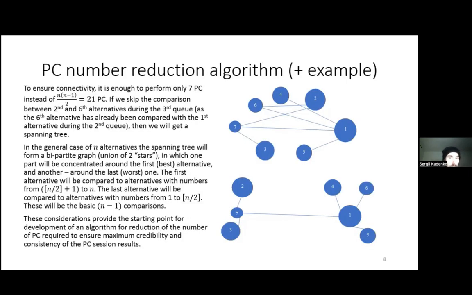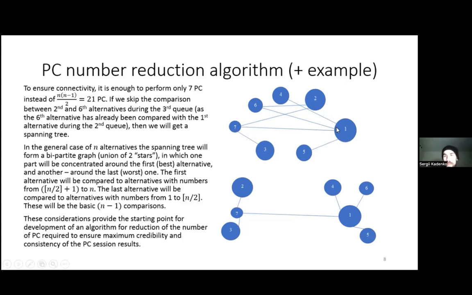First, the approach allows us to reduce the number of pairwise comparisons in AHP if necessary. Let's consider an example of 7 alternatives ranked from best to worst. The first queue will include the single comparison of the best alternative with the worst one. That is alternatives 1 and 7.